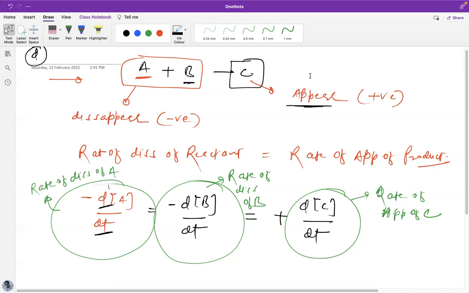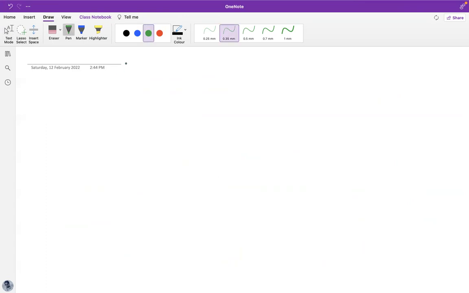Now what will happen if you have this expression: 2A plus 3B gives 4C. So listen this time. If you have stoichiometric values, you can write them as reciprocals.